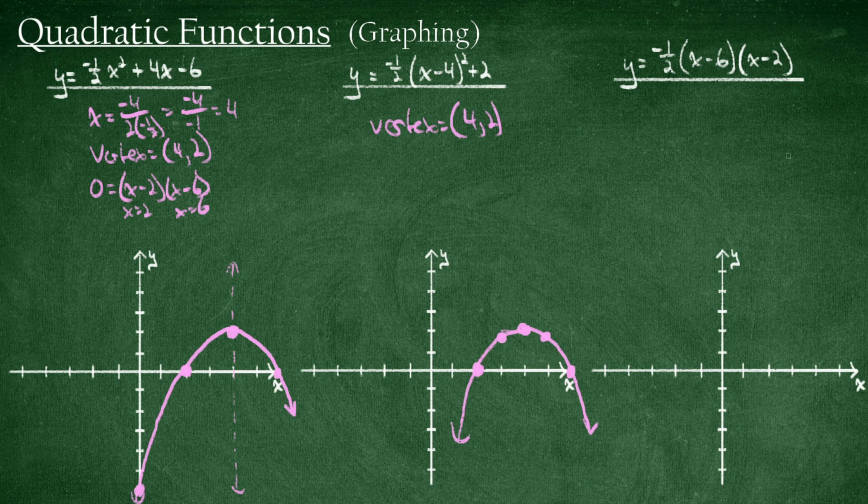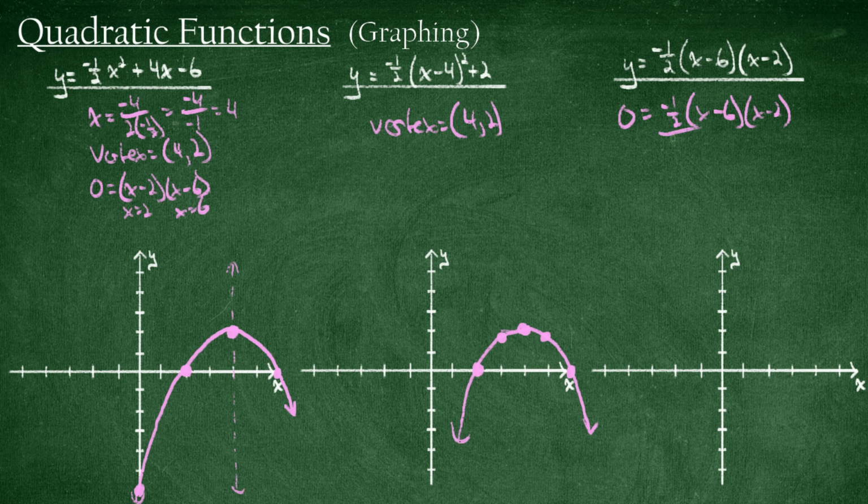Okay, and then the last one here, we'll graph the same one with the factors. We are going to say 0 for the x-intercepts, or the roots. So 0 is equal to negative 1/2 times x minus 6 times x minus 2. And you might be thinking, what do I do with this 1/2? I'm not used to seeing that in a factor.